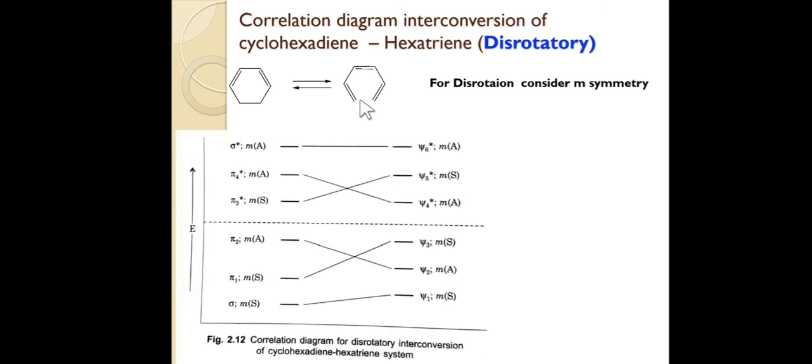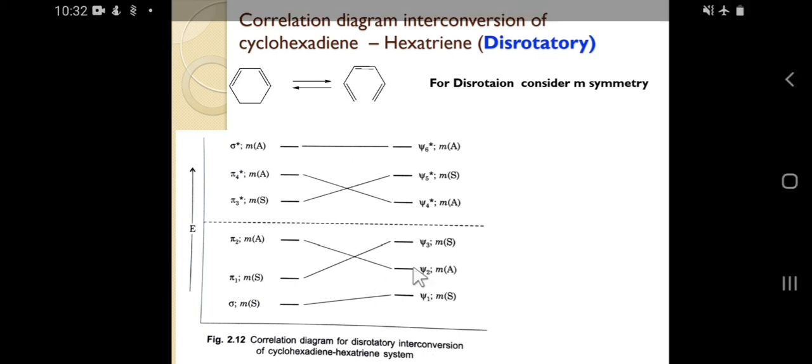Now let's see the disrotation. Whether this disrotation of this conversion is allowed thermally or photochemically, let's see that. For the disrotation, we need to consider the m symmetry of all the reactant molecular orbitals as well as product molecular orbitals. If we construct this diagram, then you can see that the ground state of the reactant is now matching with the ground state of the product.